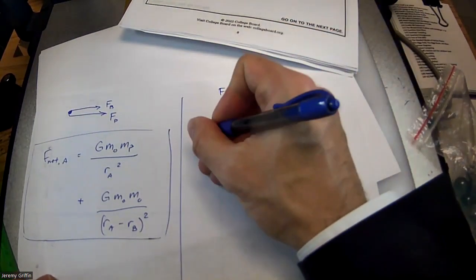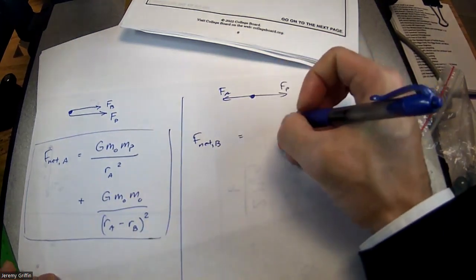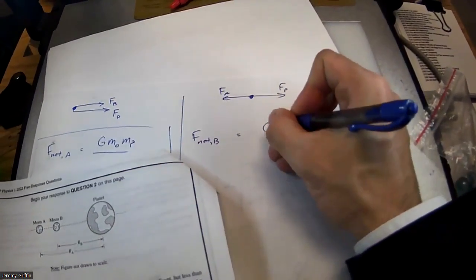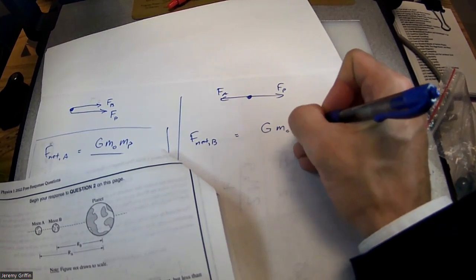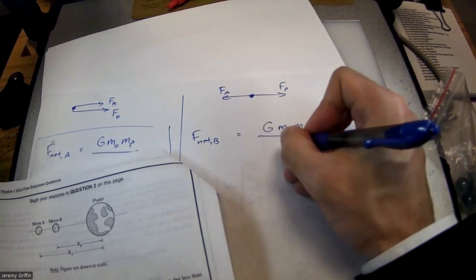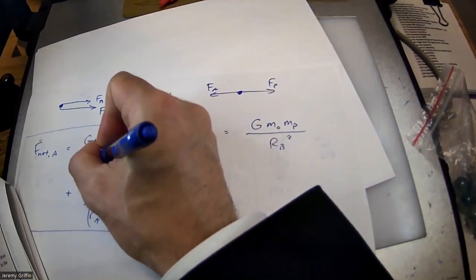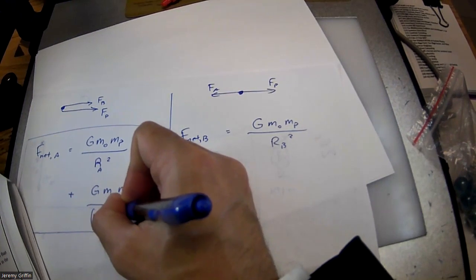How about F net on moon B? Get this diagram out. The planet's definitely pulling to the right. So universal gravity constant, mass of the moon, mass of the planet, whatever order you do that, over RB squared. I don't know why I still do this, in my mind I can't distinguish between capital and lowercase r.